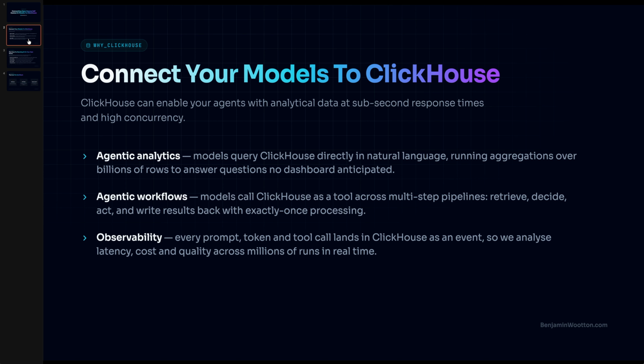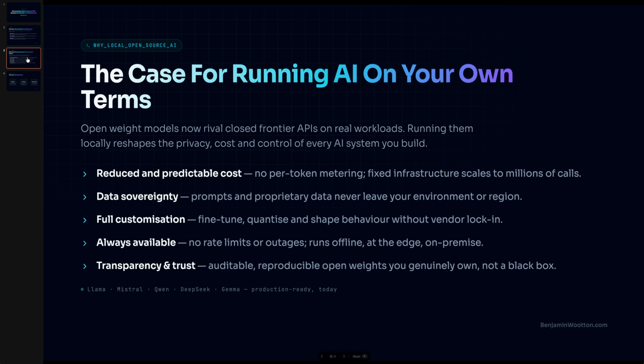So we're looking to connect LLMs to our ClickHouse data. What about this topic of moving away from centralized LLM providers by the big labs towards open source self-hosted models? As I say, this seems very relevant right now, and it's becoming the case for three reasons.